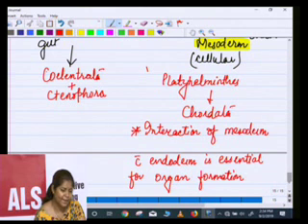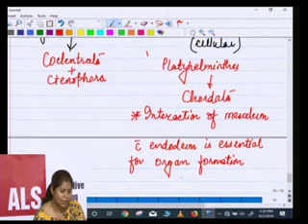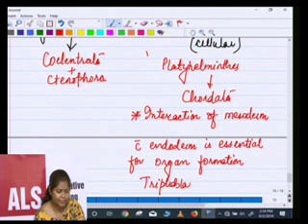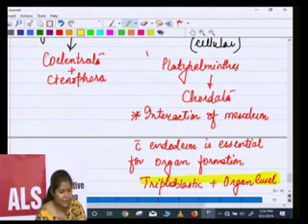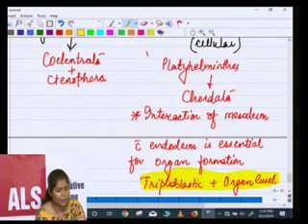So you can correlate the two things: from where we have started triploblastic, from there only you have to start the organ level. You need to remember this key point, that triploblastic and organ level organization will start from the same point.